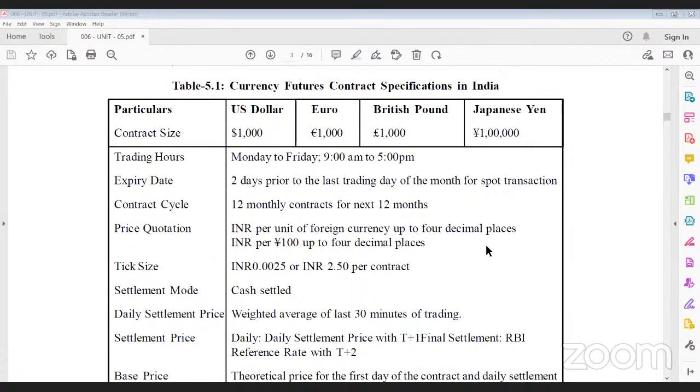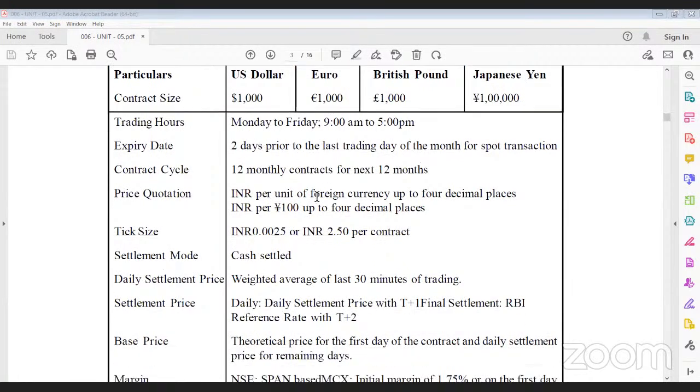You can see here in the table, Monday to Friday, 9 to 5 p.m. Expiry is 2 days. These are all the conditions based on which the future currency functions, right? Price quotations, we have INR per unit of any foreign currency within 4 decimal places, yen 100 up to 4 decimal places.